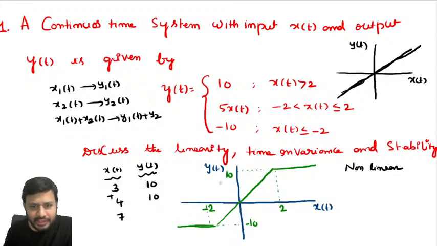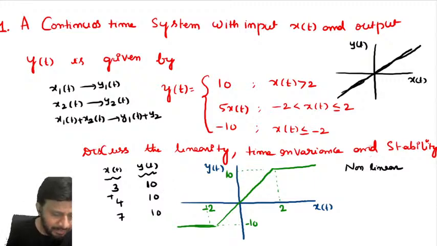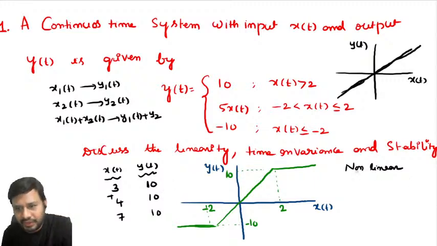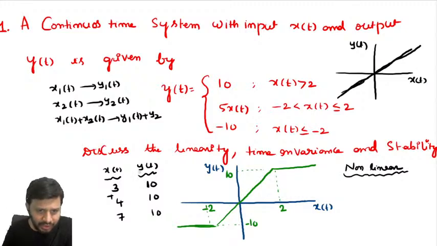But if you observe, the output of the system to the input 7 is also 10. So which is not equal to 10 plus 10, no? So additivity is failed. So this is non-linear. Remember, my dear students, non-linear. First of all, observe the output at 3, 10, output at 4, 10. If you add 3 and 4, if the system is linear, these two must be added. But at 7 also it is 10. So additivity is failed. Non-linear.